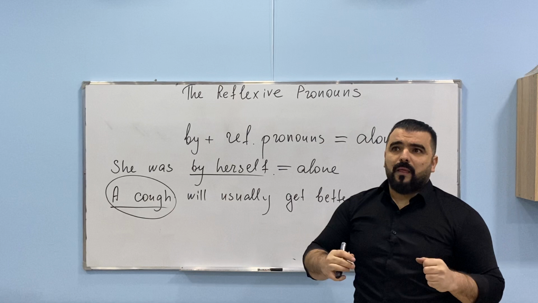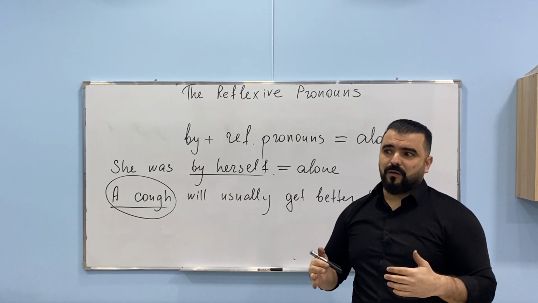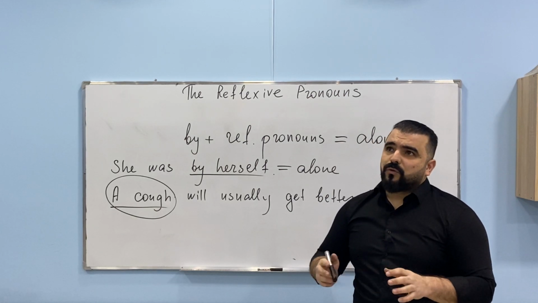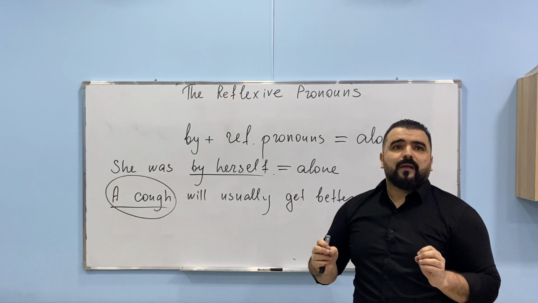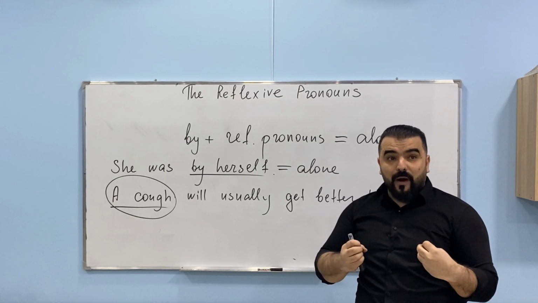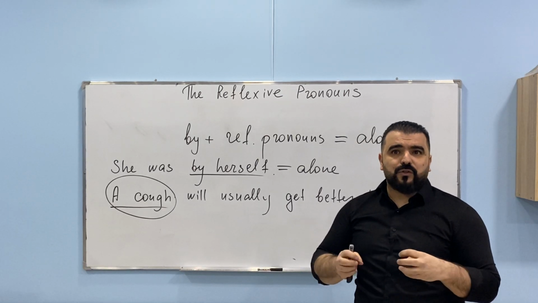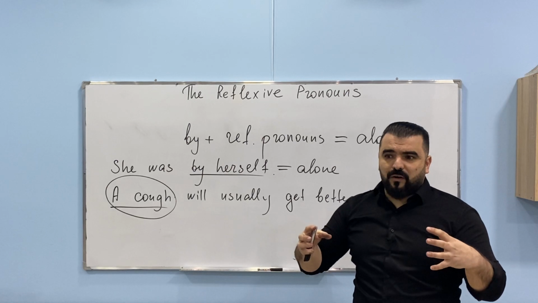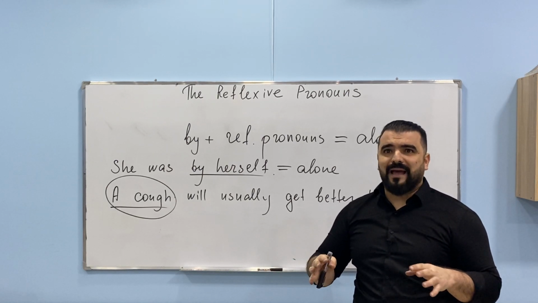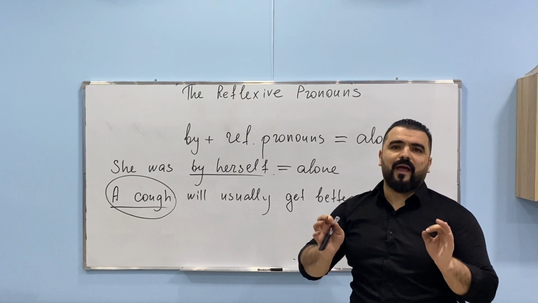After the first and second sections, let's look at the reflexive pronouns from the other side. The reflexive pronouns are also used to emphasize the meaning of the sentence. We use them to emphasize the meaning, and in these sentences we don't use them as the same object of the subject. It is only for emphasizing.